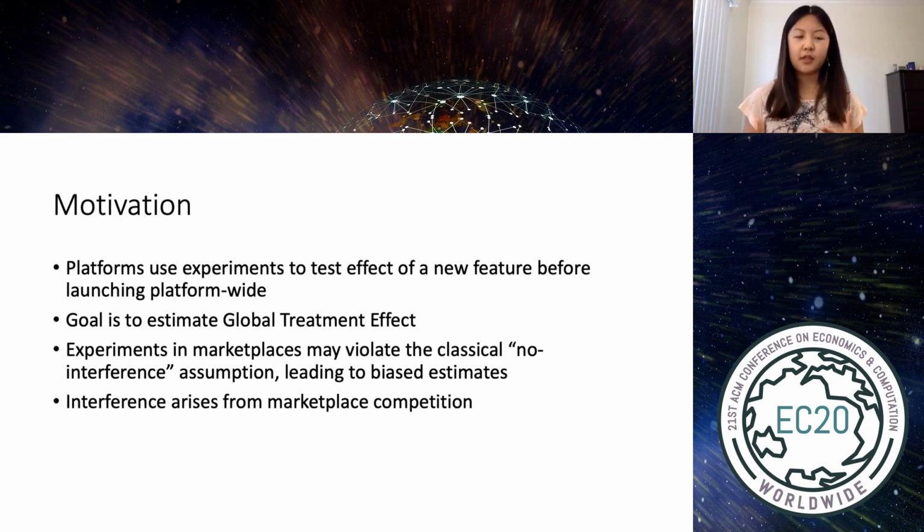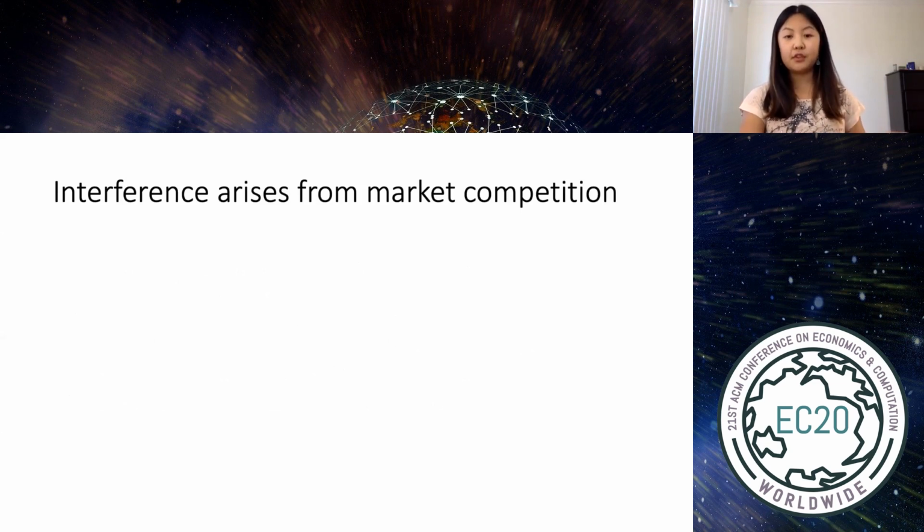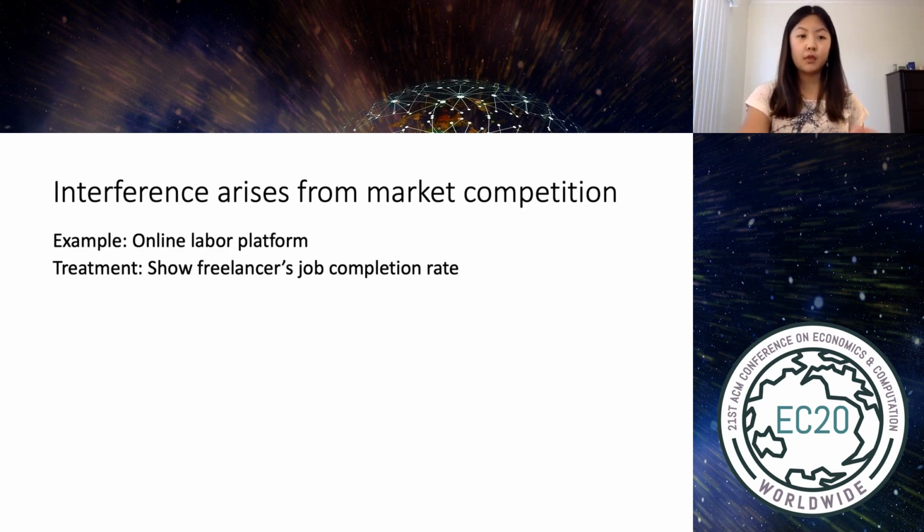So since we're in a marketplace, people are interacting with each other, people are competing with each other, I think we can imagine how these biases might arise. But let's go through a specific example just to see how this comes through. This example will be really important for getting intuition for why the biases exist, as well as developing intuition for our results later on.